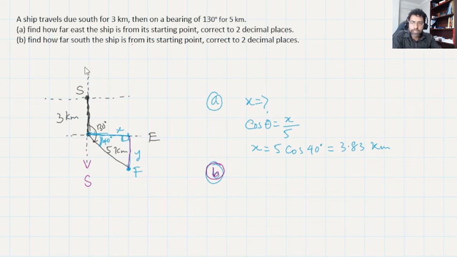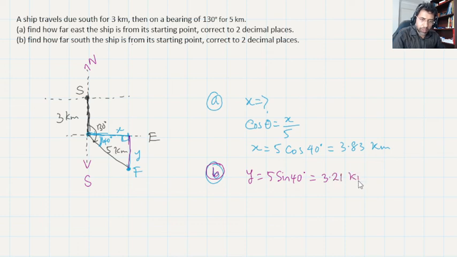This is the south direction, and this is the ship's starting point, this is the north direction, so don't confuse them. How much is going south from that point, you can easily calculate as y. Using the trigonometric ratio, y is 5 sine 40 degrees, which will give you 3.21 kilometers.